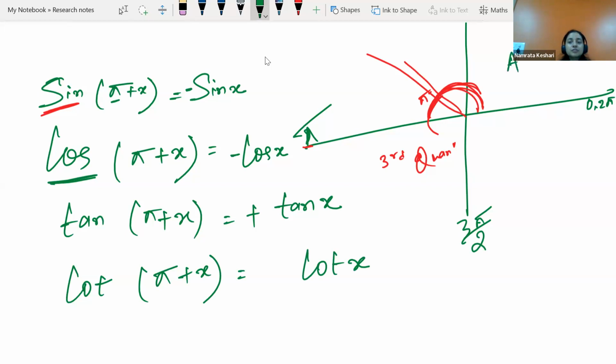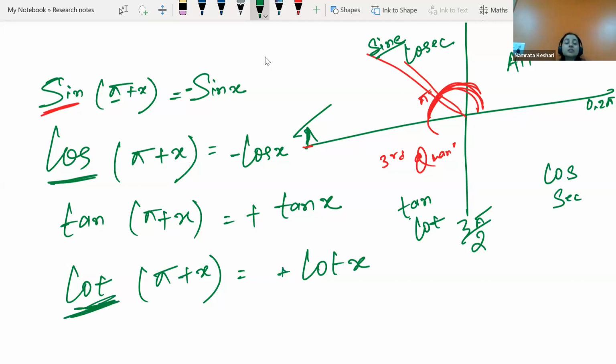All positive, sine positive, and the sibling of sine is cosec. Tan positive, sibling of tan is cot. Cos positive, sibling of cos is sec. So in the third quadrant, cot is positive. So whatever result is generated, that will be positive. Yes or no? Yes, ma'am.